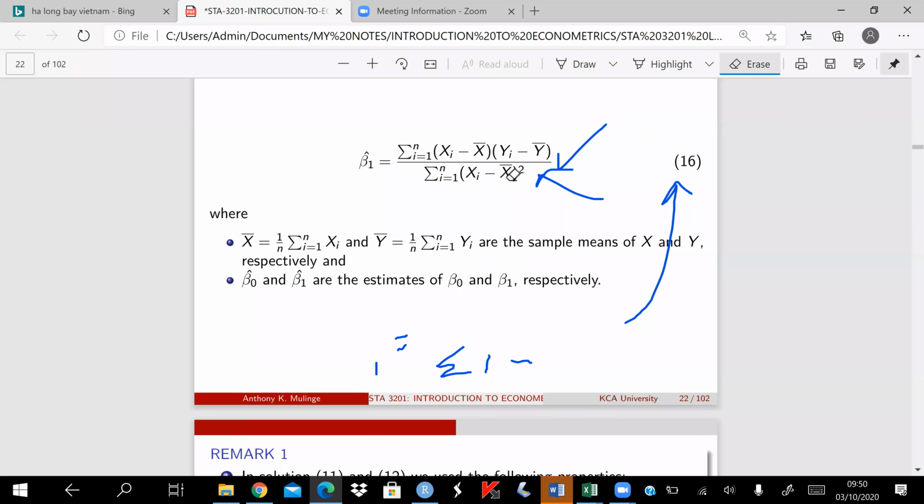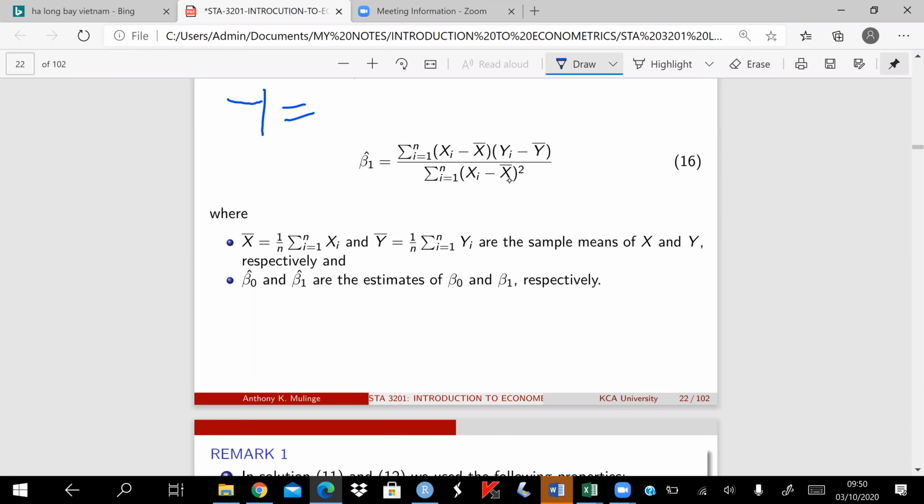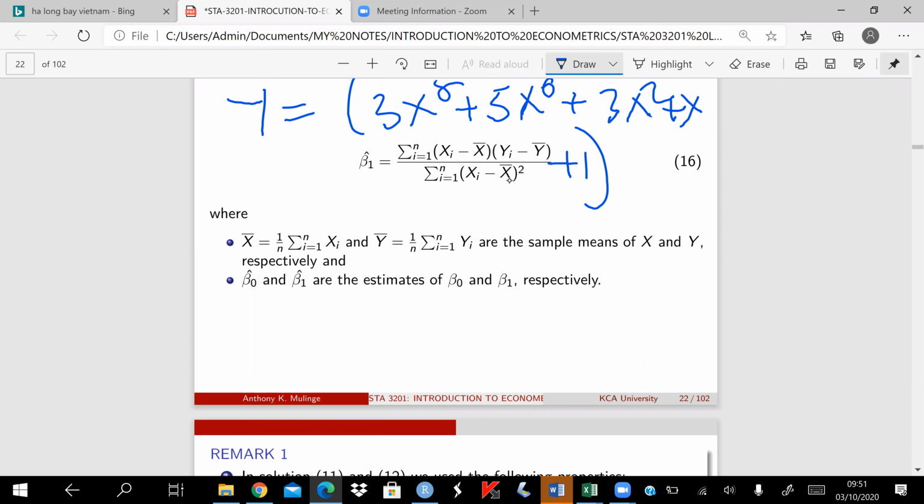So the chain rule is one of the rules of differentiation. I had given a function like this: y is equal to 3x power 8 plus 5x power 6 plus 3x squared plus x plus 1, all to the power 8.